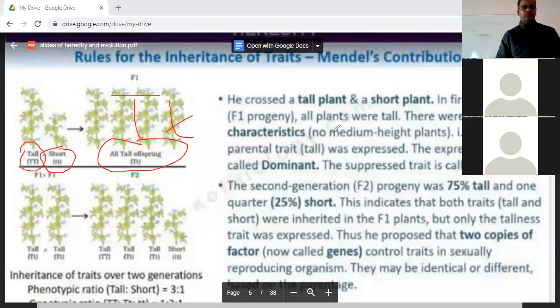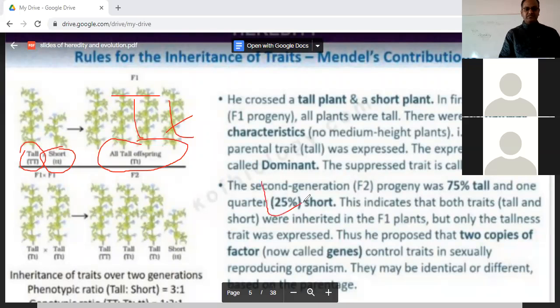Okay, very good, Khushbu. The dominant gene expresses itself over the recessive gene. Very good, correct, because capital T is dominant over small t. And as a result, we are getting all the tall plants. The dominant genes will not allow the recessive gene to express its character, and the recessive gene will be able to express its character only in the homozygous condition.